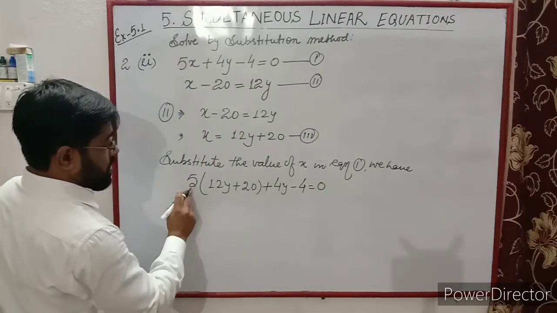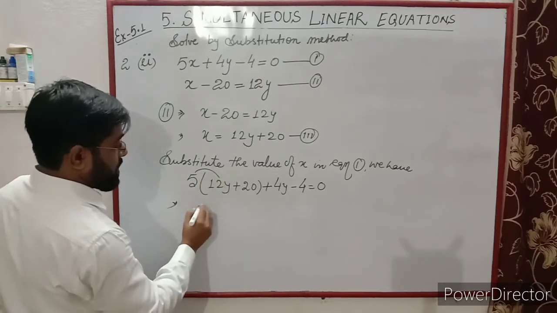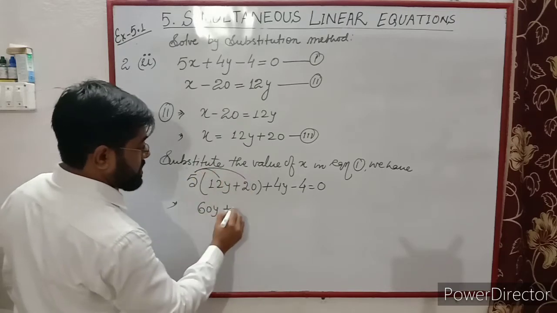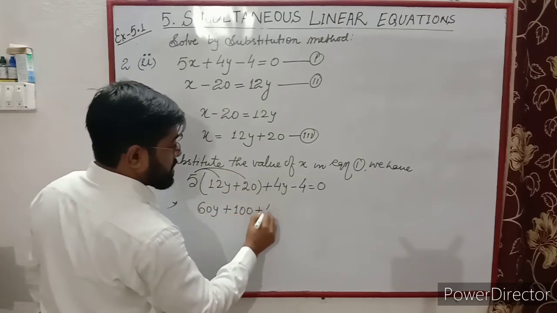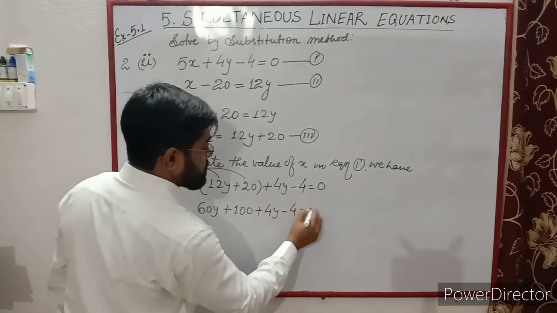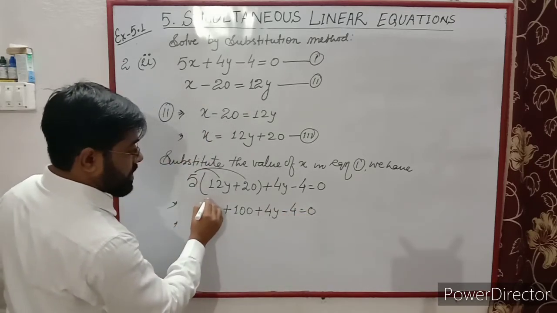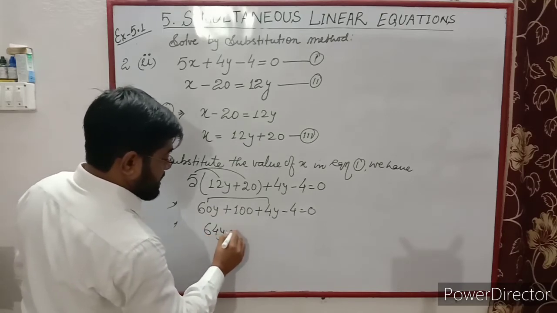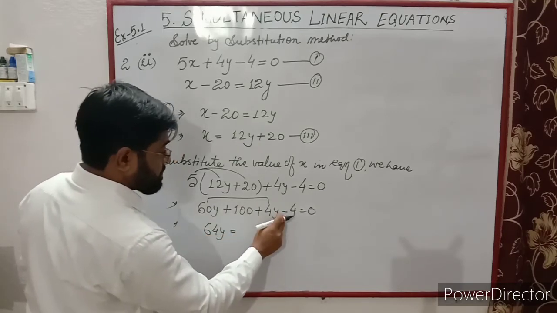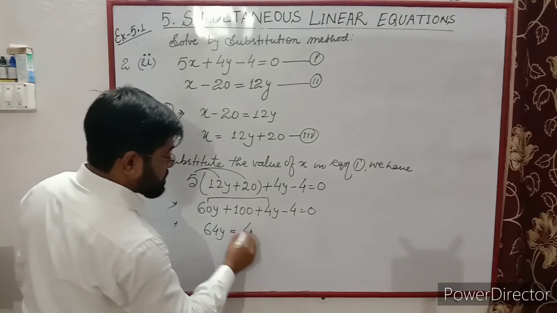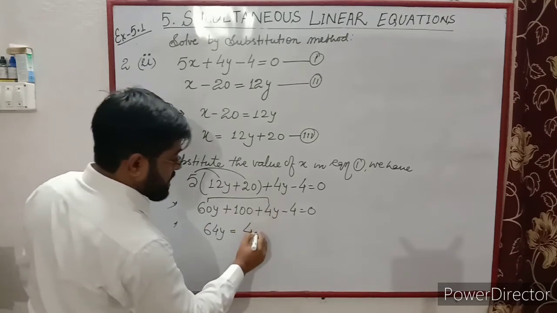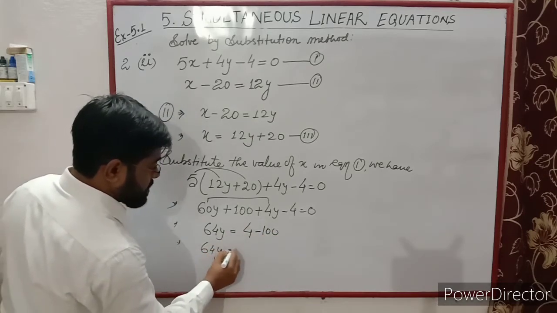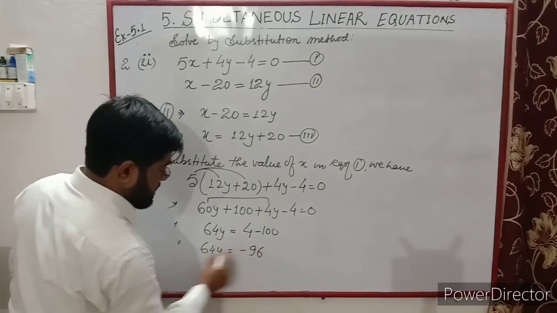Now 5 is multiplied by 12y, we have 60y plus 5 is multiplied by 20, 100, plus 4y minus 4 is equal to 0. Now 60y plus 4y, we have 64y is equal to minus 4, go that side, it becomes plus 4, and plus 100, go that side, it becomes minus 100. So 64y is equal to minus 96.